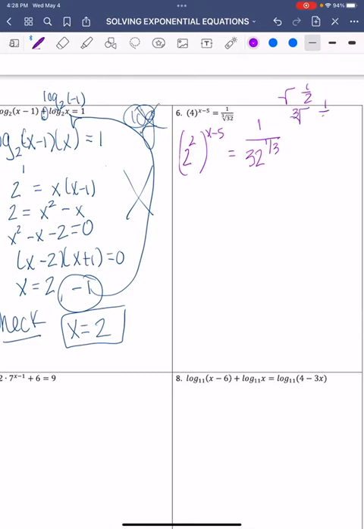Cube root, 1/3. Fourth root, 1/4. I'm going to distribute and get 2x minus 10. So there's a bunch going on still. So 32 is 2 to the 5th. You can't see me, but I'm counting on my fingers. 2 times 2 times 2 times 2 times 2. It's 2 to the 5th.